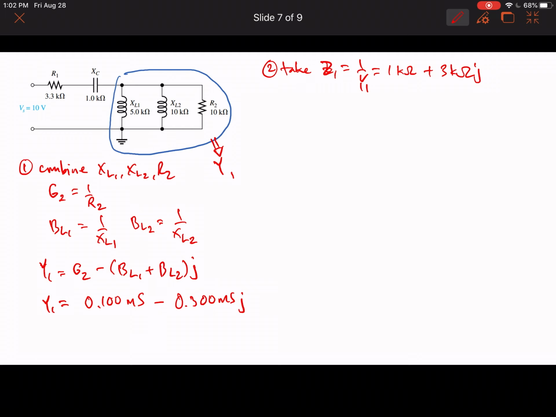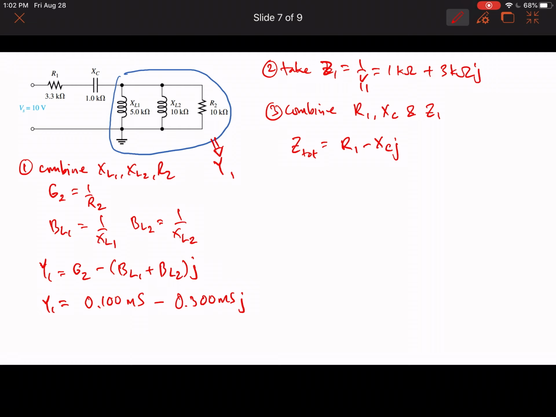Okay, now that we've done that, we can then combine that with R1 and XC. So combine R1, XC, and Z1. So this will give us our total impedance, the equivalent impedance. This is then equal to R1 minus XCJ hat.